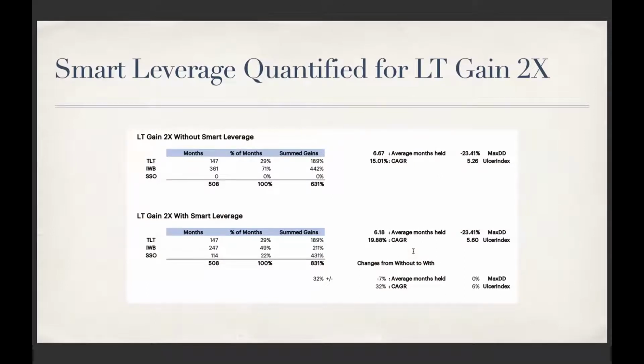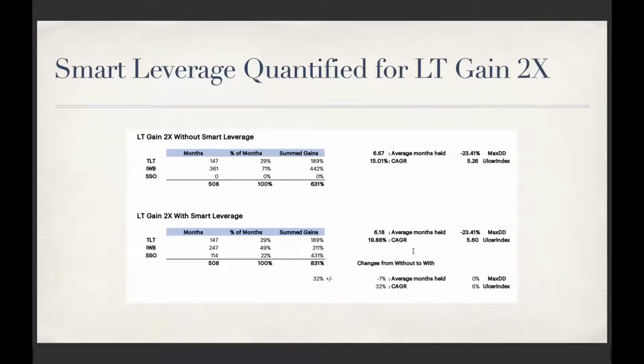Well, on the left, I show LT gain 2x with and without smart leverage. And you can see there's 508 months that I have back test data for. On the no smart leverage, 29% of the time is in treasuries, 71% is in the Russell 1000. And the summed gains, meaning I added up all the gains and losses for every one of those 508 months, was 631%.